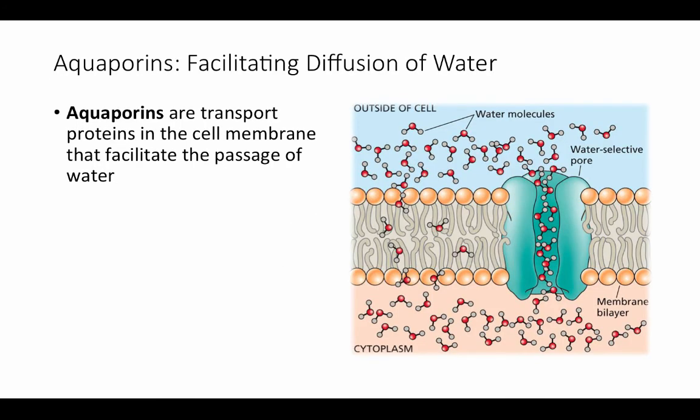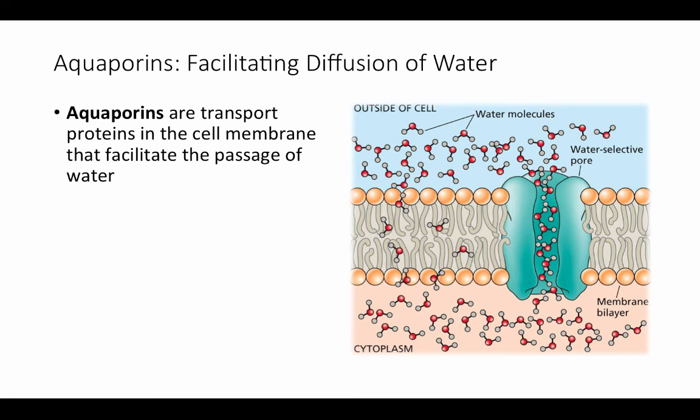So the water potential determines the direction of water movement, but what determines the rate of flow of water movement? This is also going to be an important component to material transfer. Although water molecules can and do diffuse across cell membranes, they do so at a relatively slow rate.